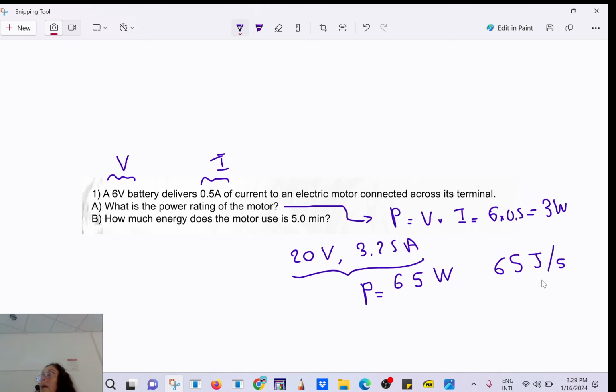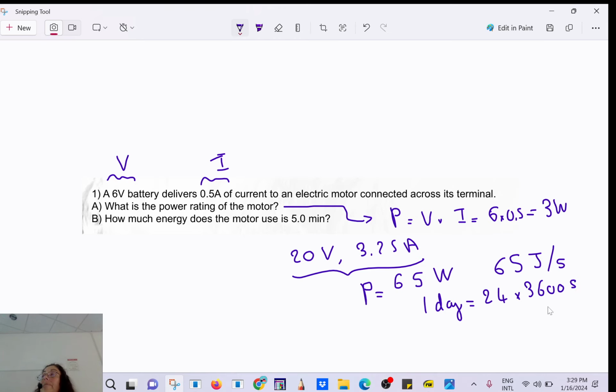Is that clear? So if I plug my laptop in all day long, one day is how many seconds? So it's 24 hours, and in 1 hour you have 3600 seconds.